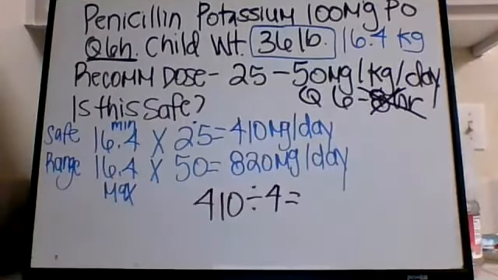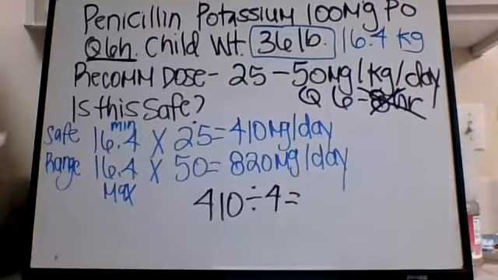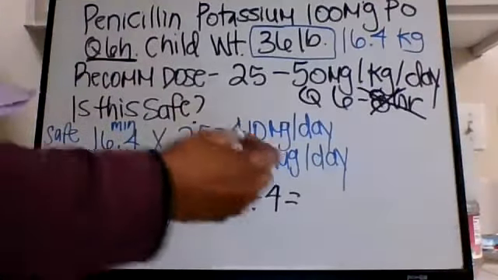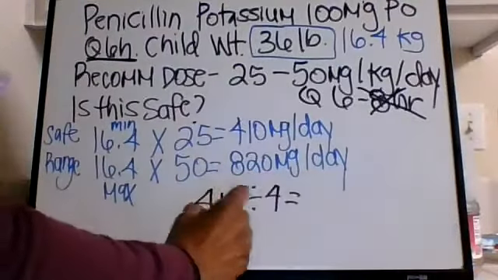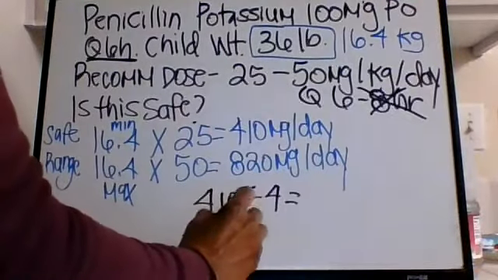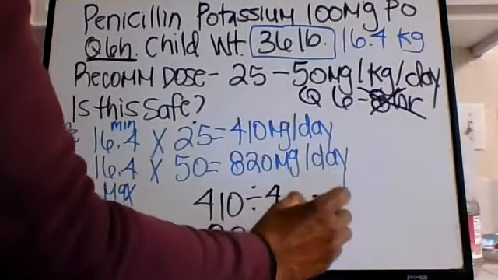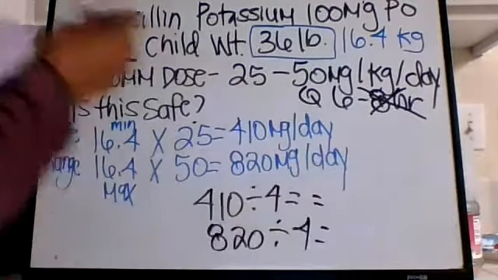Now I gotta get the calculator because I didn't write all that out. Right, per day. So it's the 410 divided by 4 and the 820 divided by 4, okay? This is gonna give us our single dose.